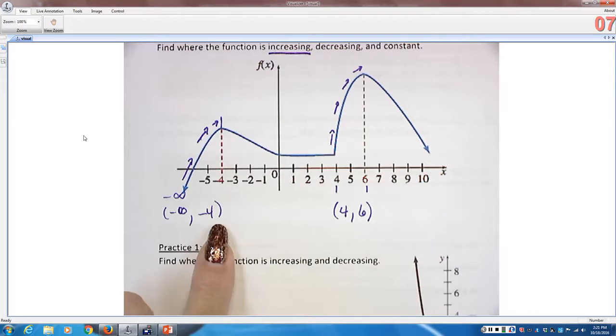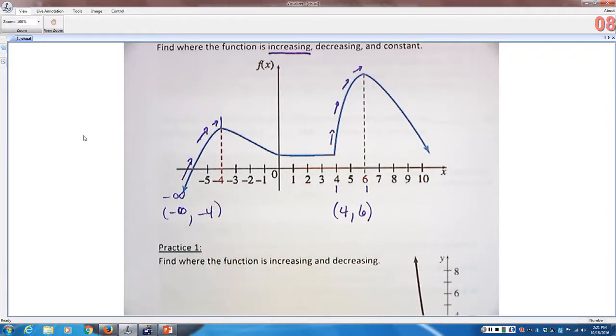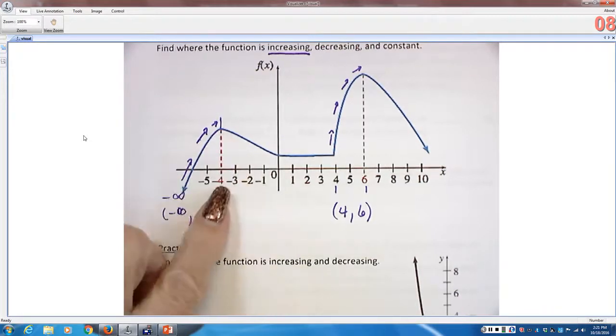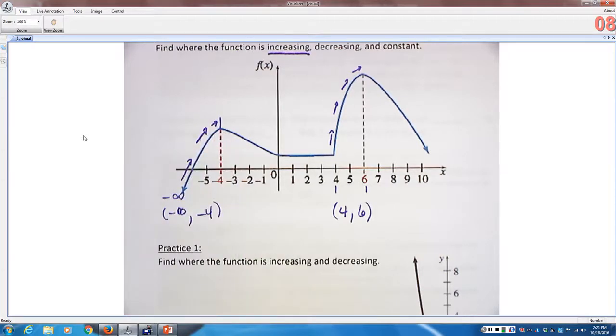If you go back and remember your closed brackets and your open parentheses, I'm saying that when it gets to -4, it has a different connotation. -4 is not in that interval, because at the point -4, whatever that y value is, it actually does something different. It is neither increasing nor decreasing, because it stops increasing and starts to decrease at the value -4.